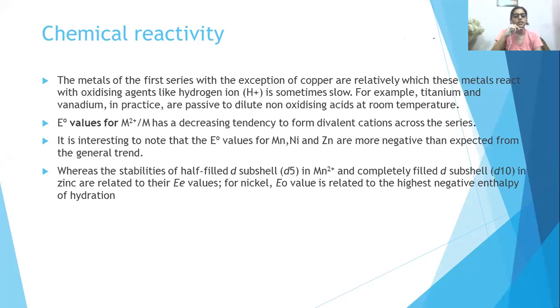It is very interesting to note that E0 values for manganese, nickel and zinc are more negative than the normal trend, whereas the stability of the half-filled d shell in manganese 2 plus and the completely filled d subshell d10 in zinc are related to their E0 value. For nickel, the E0 value is related to the highest negative enthalpy of hydration.